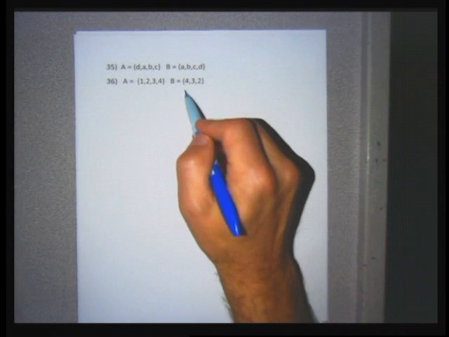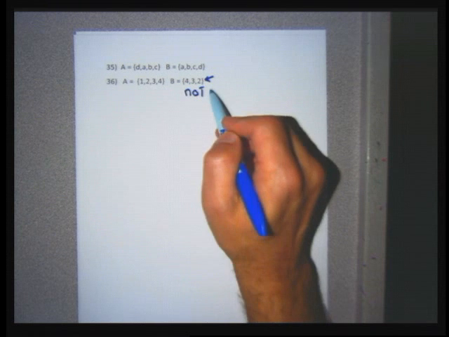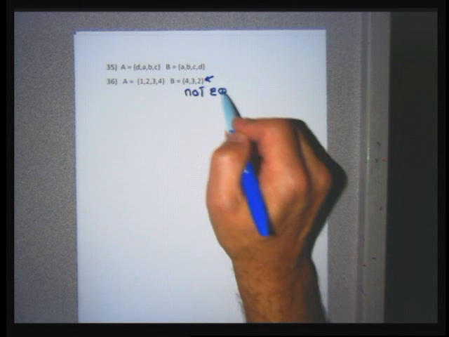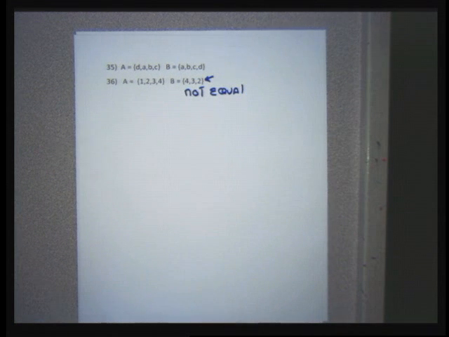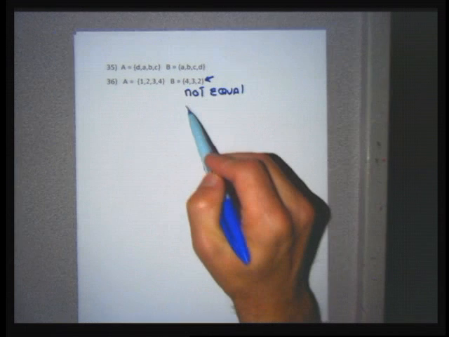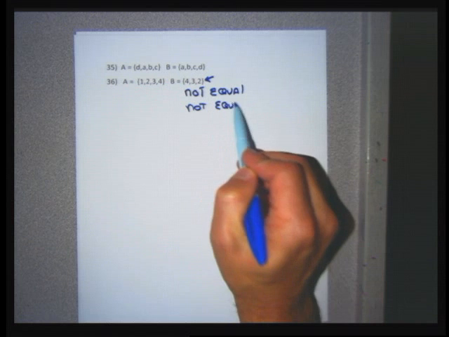So for my set, they're not equal because the B is missing the 1. For them to be equal, they both would have to have the same 4 elements. They're also not equivalent because B has 3 elements and A has 4 elements.